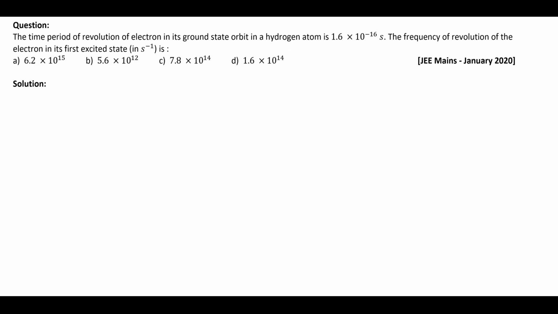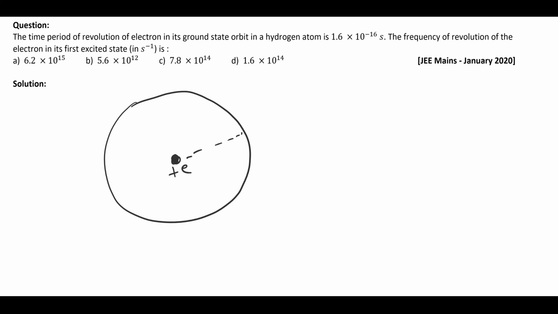According to Bohr's first postulate, the electron is orbiting around a proton in an atom. Let's suppose the radius of the orbit is Rn, and the velocity with which the electron is rotating is Vn.